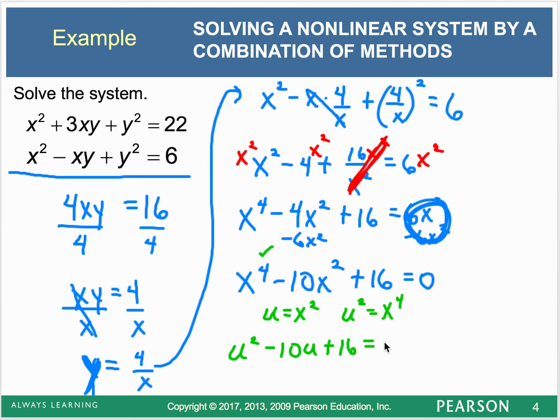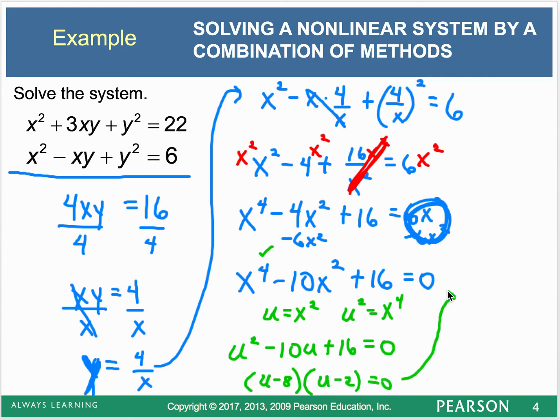We never forget anything in this course. That's why it's so awesome, right? Got to know all this stuff for our whole math career. Okay, now I can factor that. 2 numbers that multiply to give 1 times 16 and add to give negative 10. How about negative 8 and negative 2?